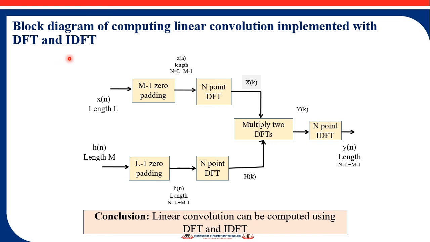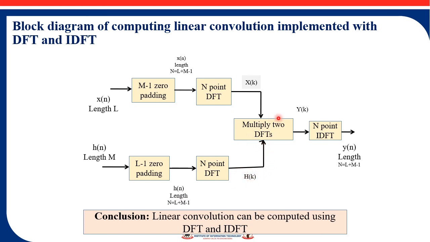Now there is one more method of computing linear convolution with DFT and IDFT. Again, I have taken x(n) and h(n) of unequal lengths, so I have appended zeros to make both the sequences of equal length L plus M minus 1. Then I have taken the N-point DFT of x(n) so that I will get X(k). Again, the N-point DFT of h(n), so I will get H(k).